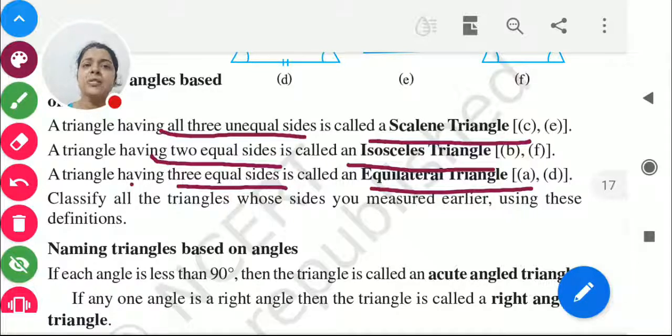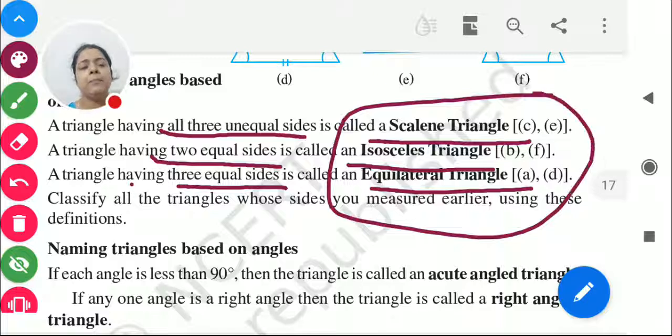So on the basis of sides, meaning the length of the sides, we divide the triangle into three kinds: scalene, isosceles and equilateral. We should get to know that a triangle can be divided into parts on the basis of its sides.